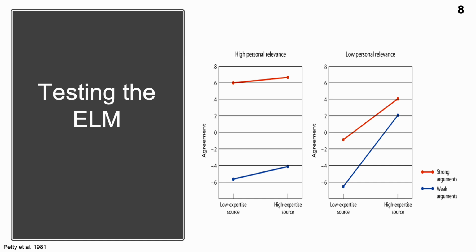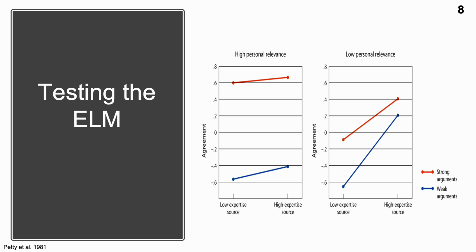So the right hand side, for strong arguments, we see this huge jump, where under low expertise, consumers really didn't trust the person, right? So you can start off there, whereas with high expertise, with low personal relevance, with strong arguments, you do see a bigger jump, and you see a big jump in the level of influence, the level of agreement, right? On the other hand, if you look at a weak argument, right?